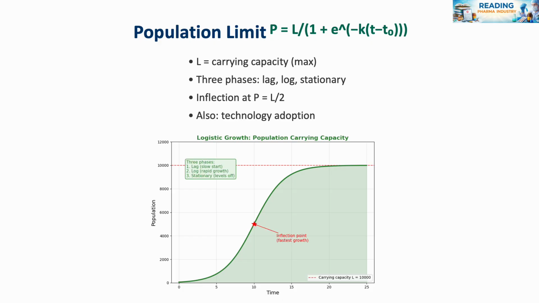The same pattern applies to technology adoption. When there's a new technology, it follows a similar trend to population growth, and there will be a limit to unlimited growth.